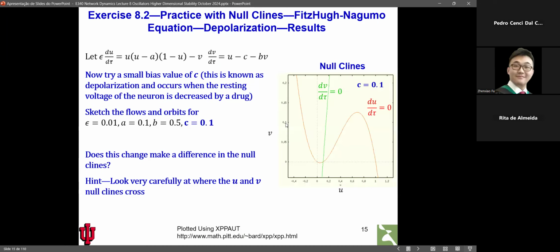And what happens to the nullcline is that it's going to be here and not here, right? So it's going to be an unstable fixed point. And because it's an unstable fixed point, if you start there, it doesn't stay there. A small perturbation is going to make it go away from there.